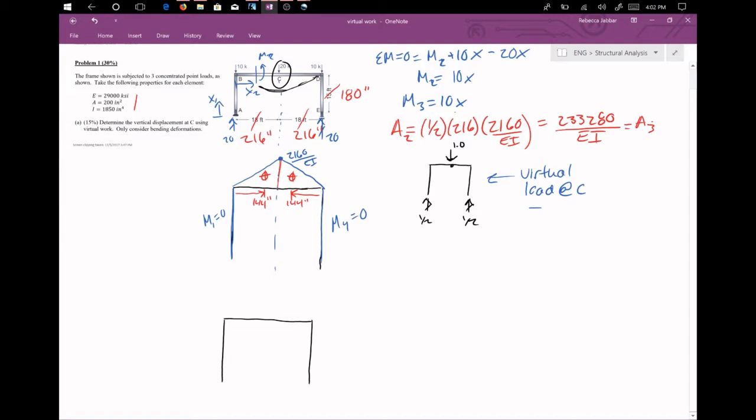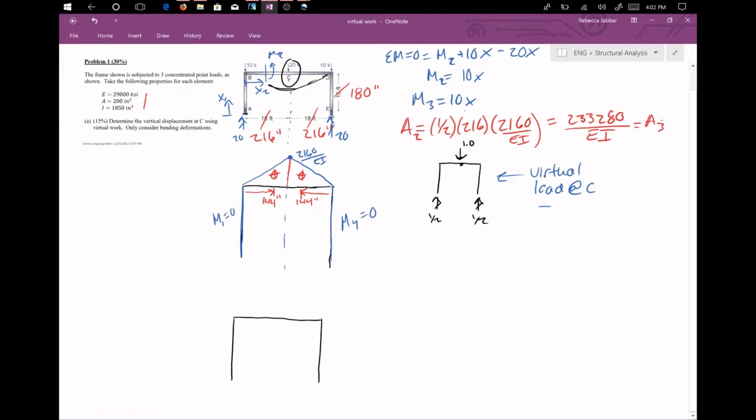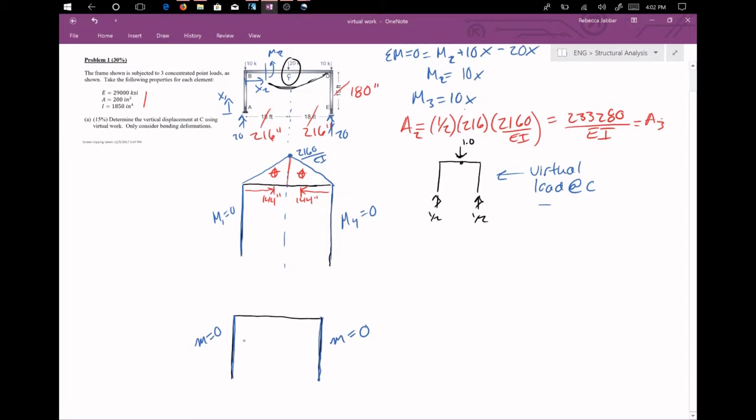All right, so looking at that, we'll look at what the moments are here. Again, in these vertical members, they will just be 0, just like above, because there's only the axial forces, which won't cause bending here.